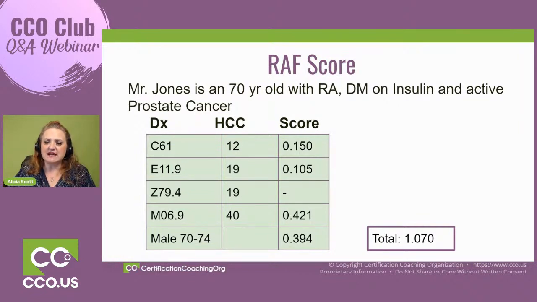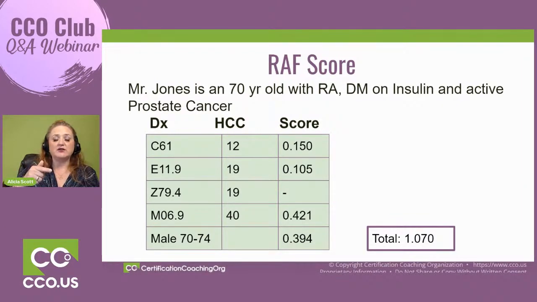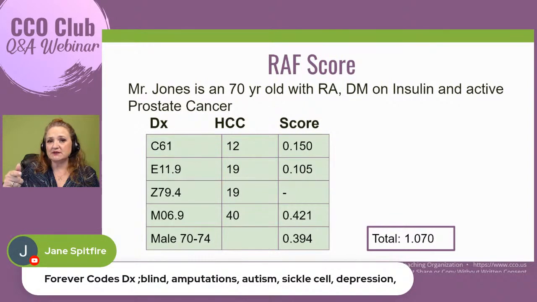And then Jane says, list some forever diagnosis codes that never change for a patient, and would not some of these forever diagnoses codes be added if linked to current reason there? Absolutely, it would. So in your pro-fee coding or your day-to-day coding, if the provider mentions it in the documentation, but they have to mention it in the documentation just because it's a forever code.